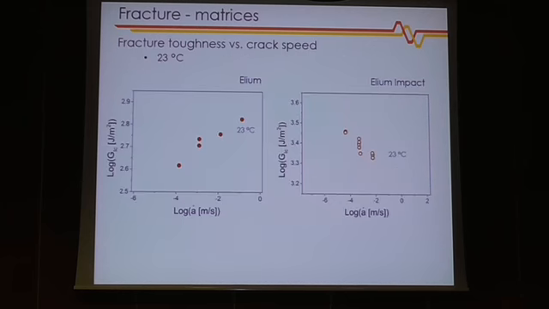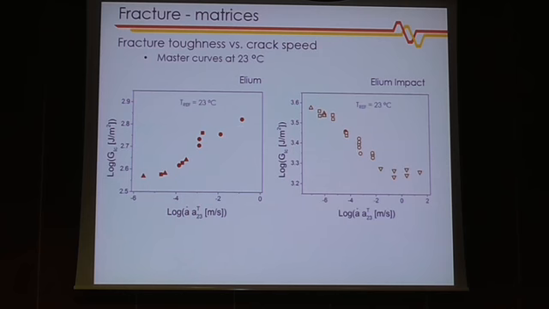Here we can see the results of the test performed at 23 degrees at different constant displacement rates. In order to extend the experimental window, we performed the tests at different temperatures, and then applying the time temperature superposition principle, we obtained these master curves at the reference temperature of 23 degrees.